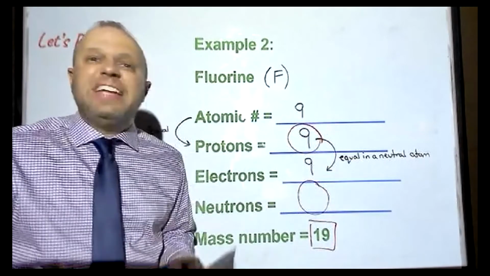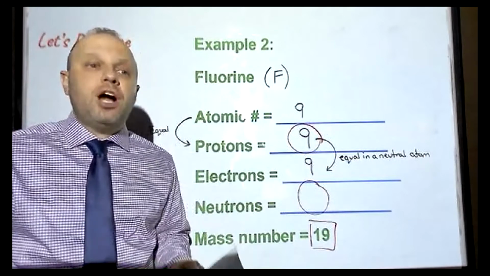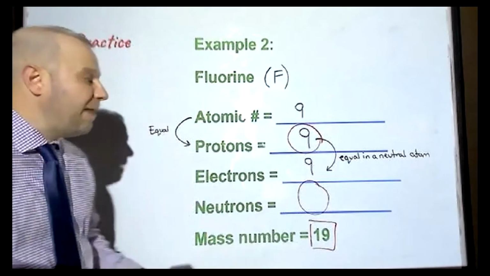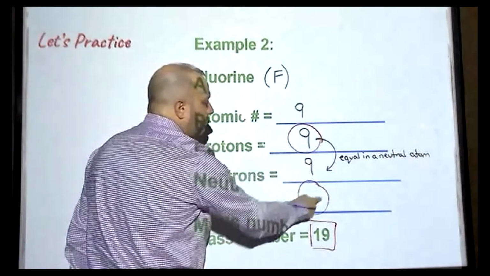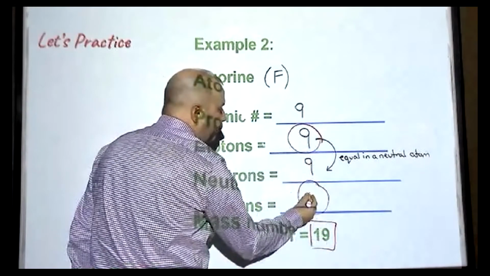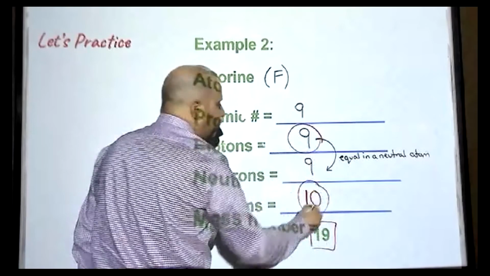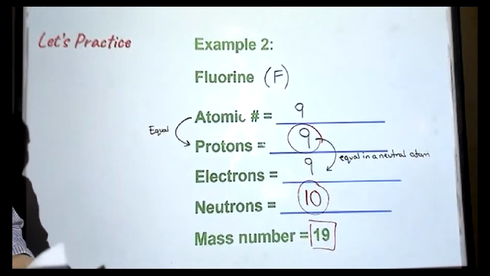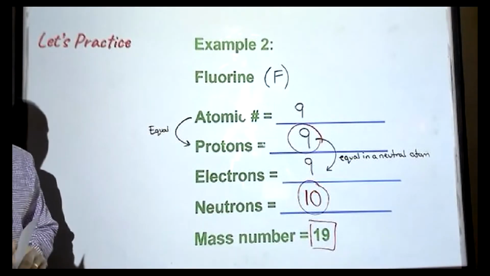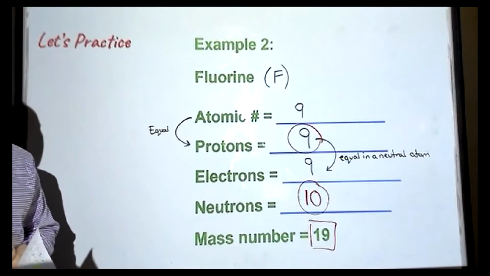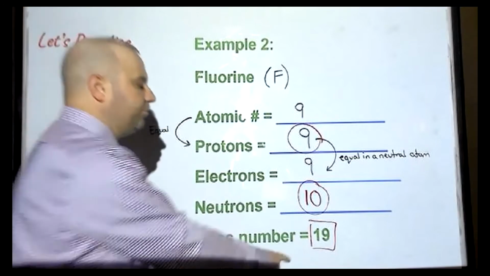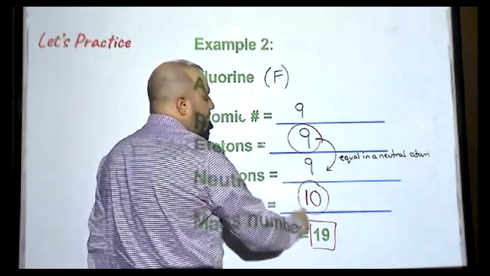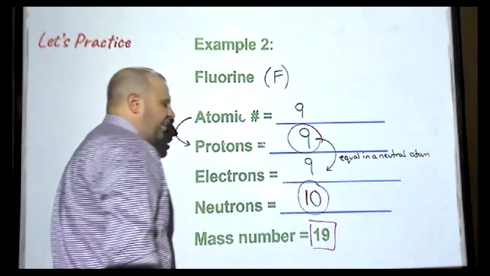In this example, they didn't tell you what the number of neutrons was, but they did tell you the total mass. So 9 plus whatever this is equals 19. So this must be equal to 10. The number of protons plus the number of neutrons equals that mass number. It was 19 in this case, so the missing number here was 10.